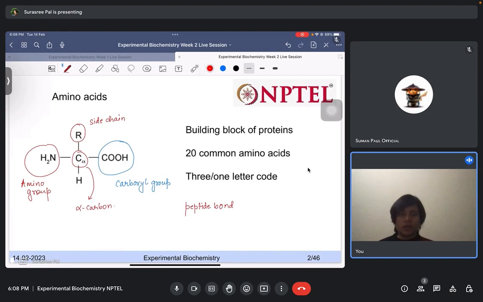Now this R group, this side chain, can vary between different amino acids, and according to the presence of different side chain groups, we have 20 common amino acids which have different R groups.